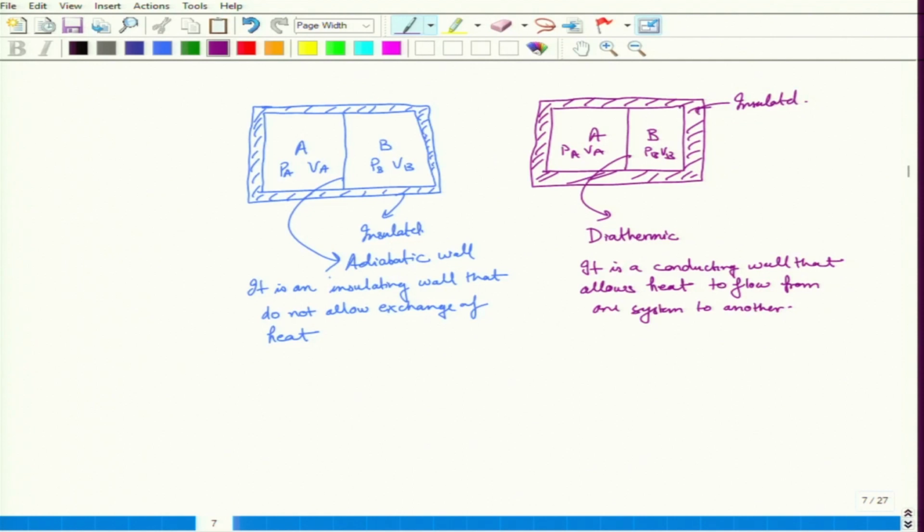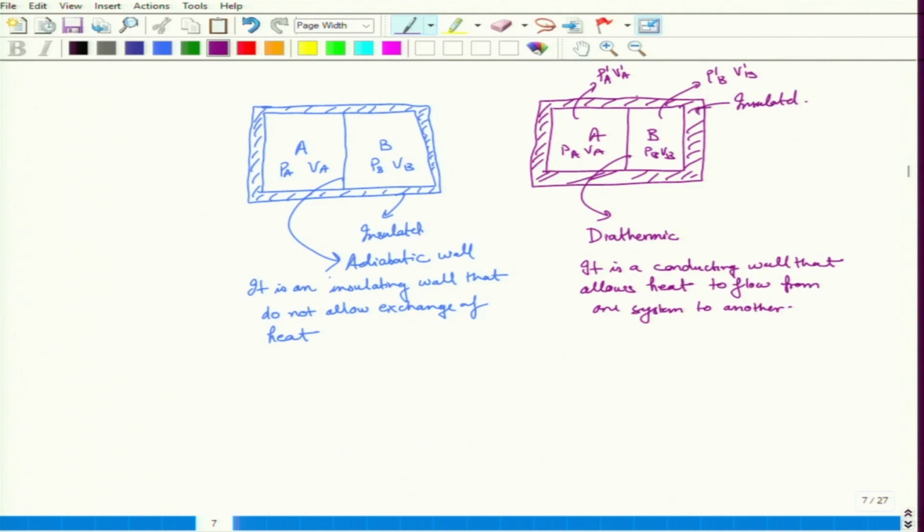But in the case of a diathermic wall, heat is allowed to exchange between A and B, and due to this, if initially it has PA, VA, PB, VB, then these variables at equilibrium will change to P prime A, V prime A, and P prime B, V prime B. So there is a change in these macroscopic variables before it comes into equilibrium.